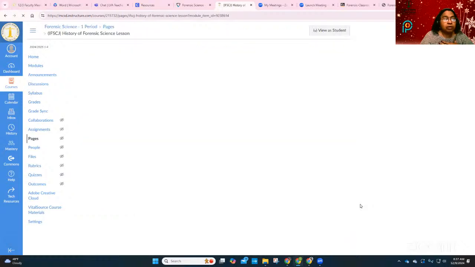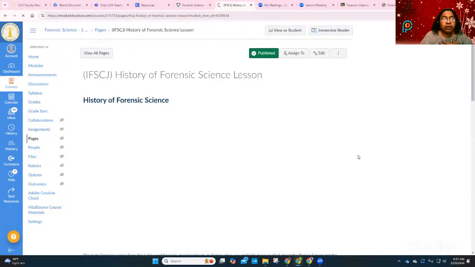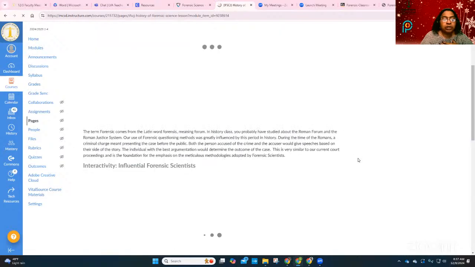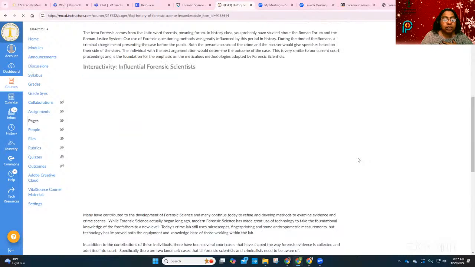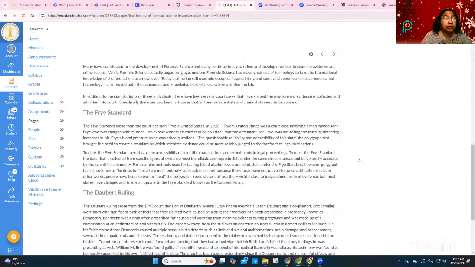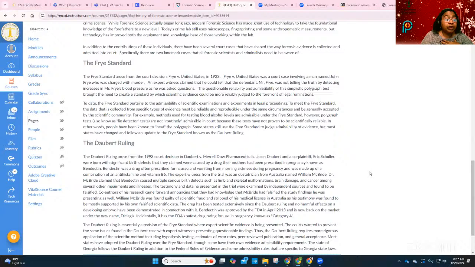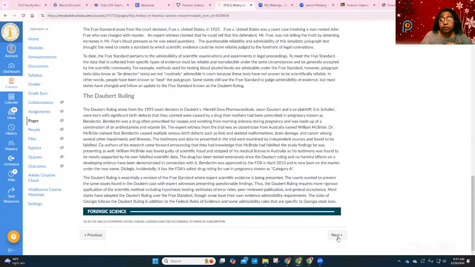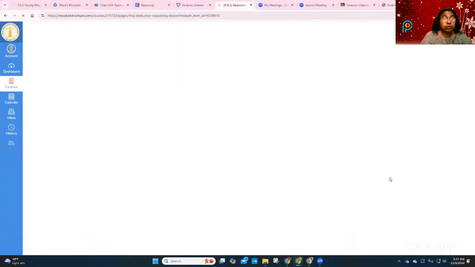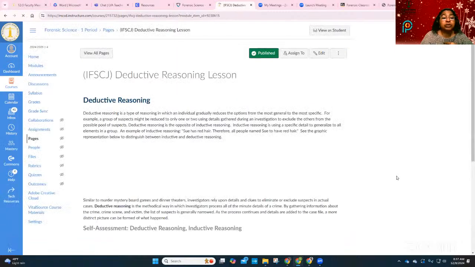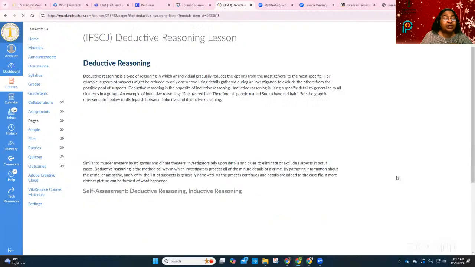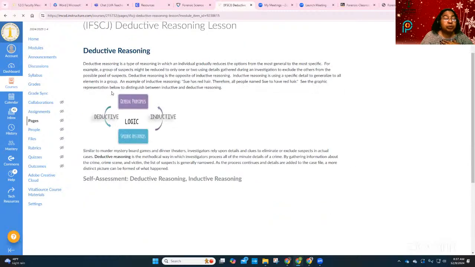Okay, come on. Again, don't worry about the history so much as know this right here: the Frye Standard, the Daubert ruling. Know that. So read those over in your preparation time. Deductive reasoning is extremely important.